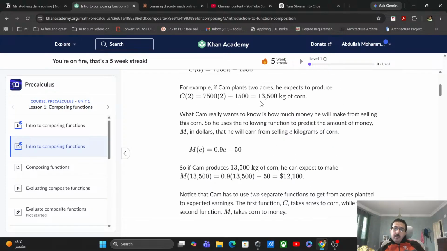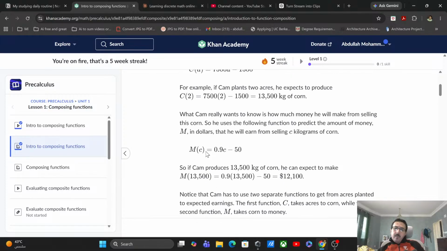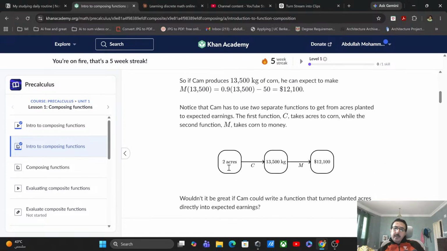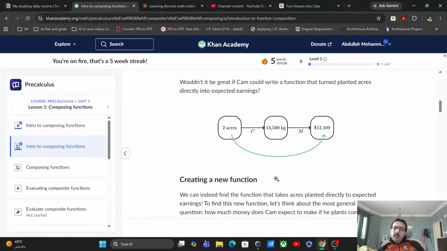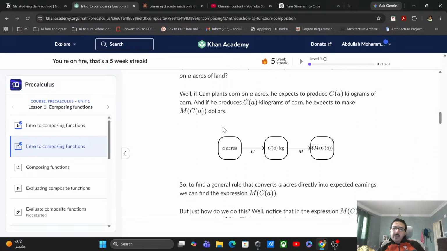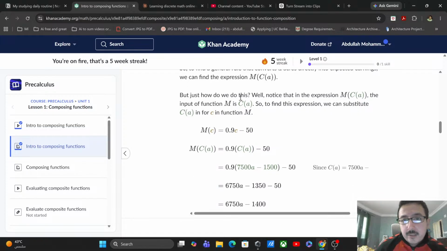So this is going to be M of C of A. Wouldn't it be great if you could write a term that goes directly into expected earnings, creating a new function M of C of A? So to find a general rule that converts acres into expected earnings, how do we do this?